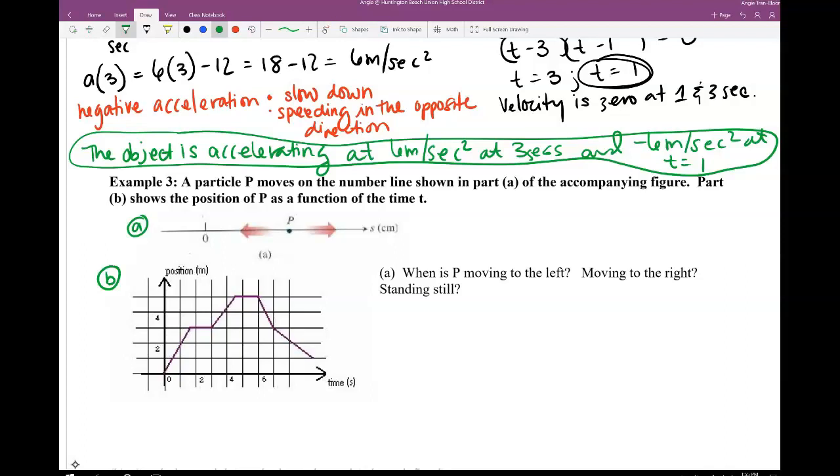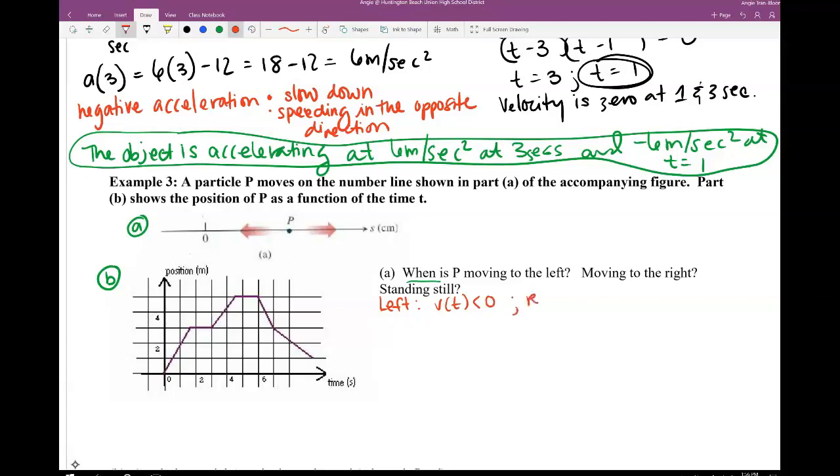Okay, so letter A. When is P moving to the left, when is P moving to the right, and when is it standing still? So let's talk about left, right, and standing still. Under your summary, we have written down left and right and standing still. Left is when v of t, the velocity, is less than 0.